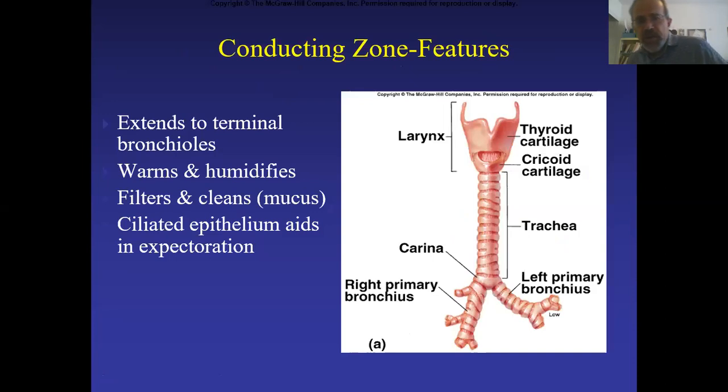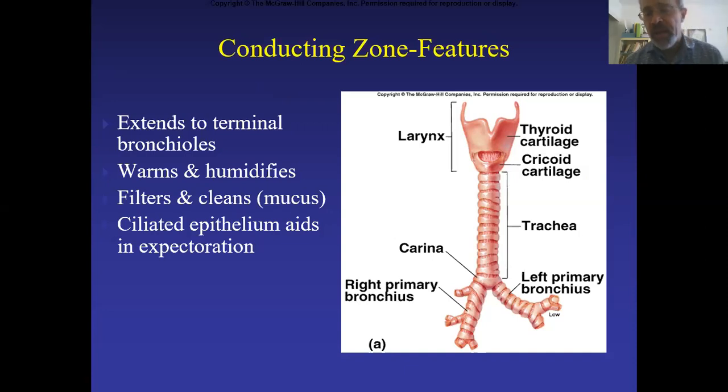All right, so what is the purpose of the conducting zone? Well, first of all, like I mentioned, it starts from the nose, goes all the way down to the terminal bronchioles. Its function is really air conditioning, basically cleaning the air and preparing it for gas exchange. So what does that air conditioning involve? It involves warming the air and humidifying it, right?